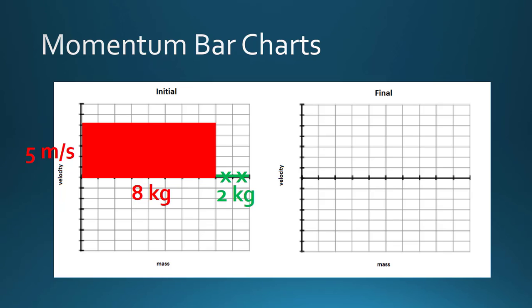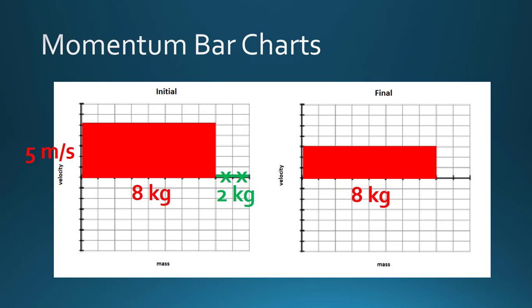So on the final part of our chart, we are going to plot this new information. The masses didn't change, so again, we have 8 kilograms across for our red ball. However, its new velocity is 3 meters per second, so we're only going to draw it 3 blocks tall. The green ball still has a mass of 2 kilograms, so we're going to draw it 2 kilograms long, but it is now in motion with a velocity of 8 meters per second.